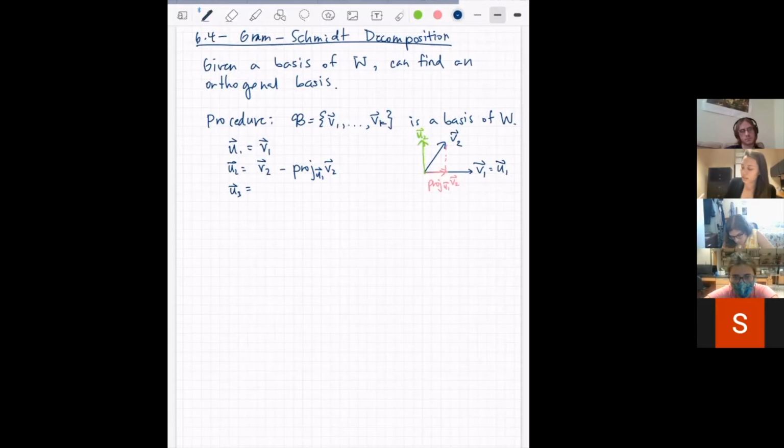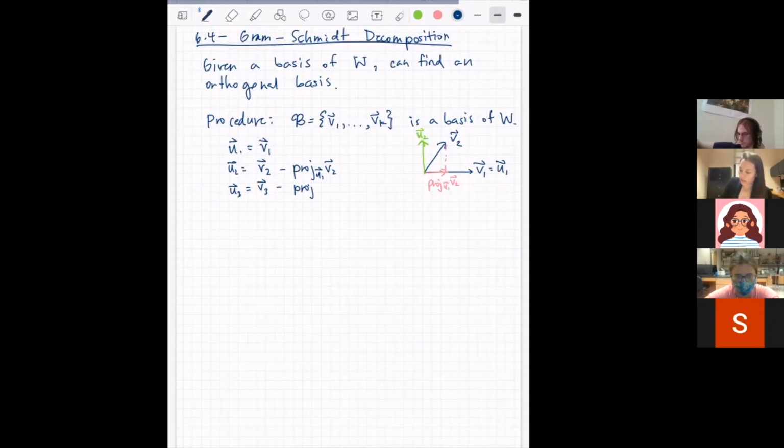And then we use the same idea, starting with V3. We want to subtract off the part of V3 that is in the plane formed by U1 and U2.